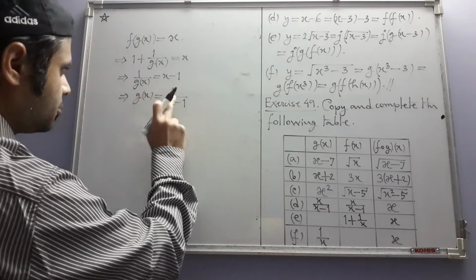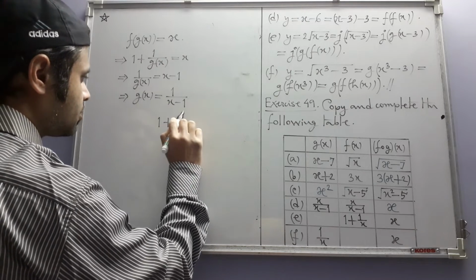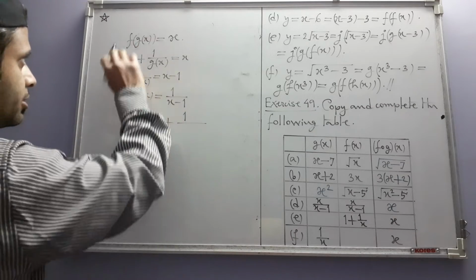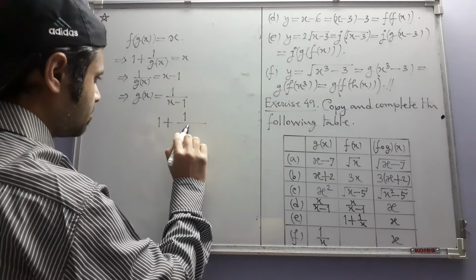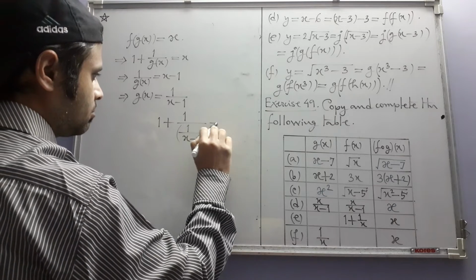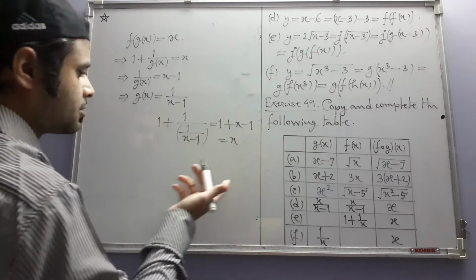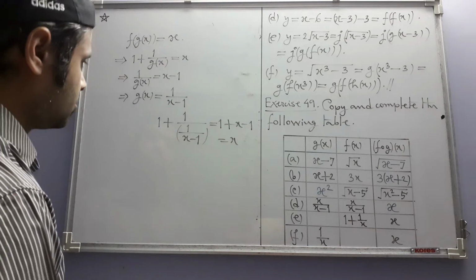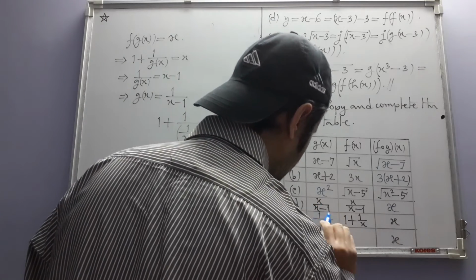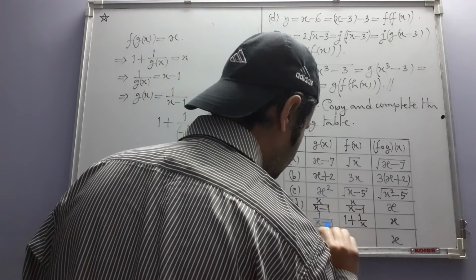In the formula for f, you put the expression for g, that is actually calculate this left hand side for this expression. This will be what? 1 plus x minus 1. Yes, you are getting x. So g will be 1 over x minus 1.